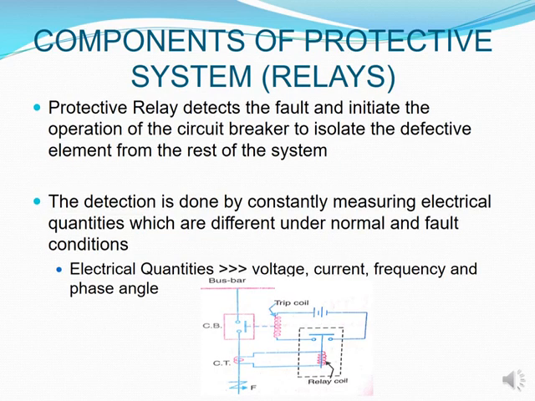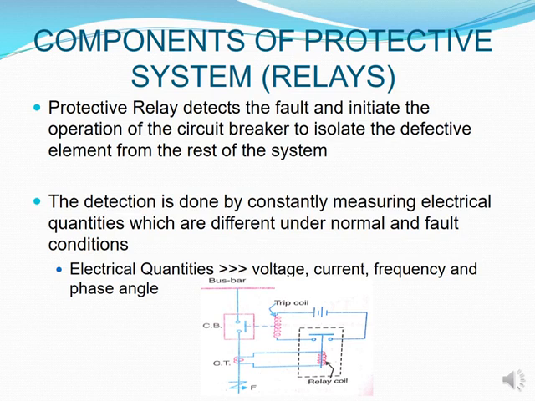Then your relay is basically a protective device that will detect the fault and initiate the operation of your circuit breaker. So that's why I was saying that the relay will send a signal to the circuit breaker for it to trip. And once it sends that to the circuit breaker, it means that your circuit breaker needs to isolate the defective element from the rest of your system.